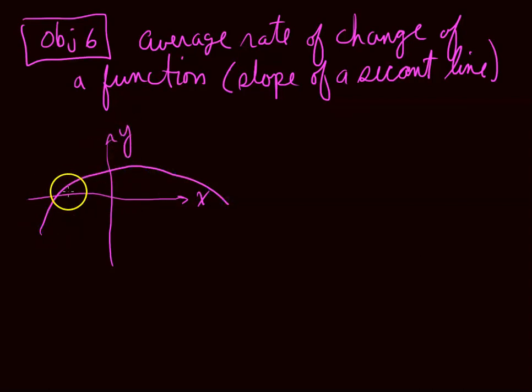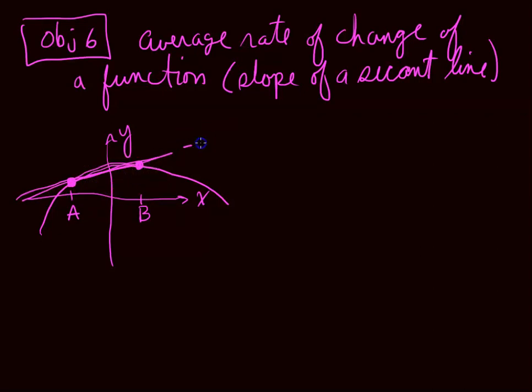We need to choose where we want this average value for a function to be, what interval. And let's choose these 2 points, A and B. Now, this may curve or it may not curve, but there is a straight line that connects those 2 points that could give you the average rate of change of a function.